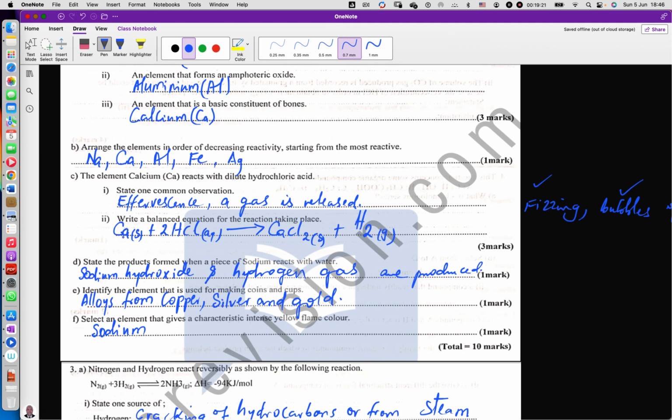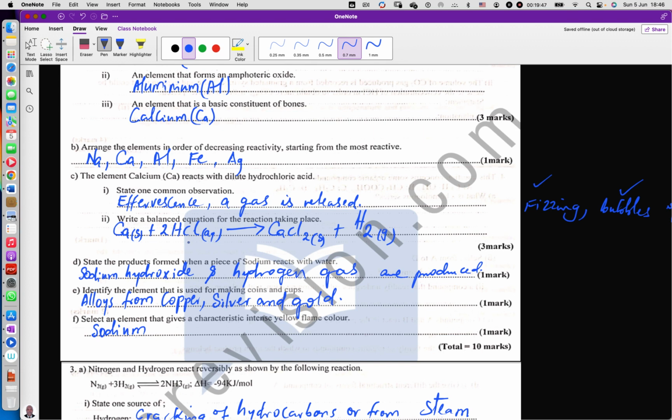Calcium is more reactive, so calcium will displace hydrogen. So in that case, there is calcium plus dilute hydrochloric acid, which is aqueous.